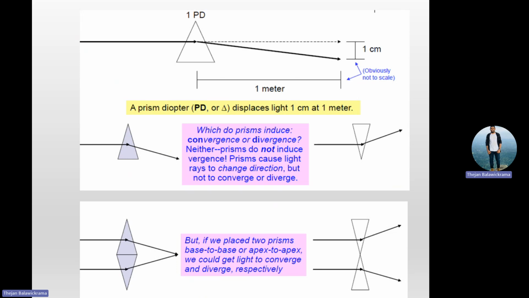I'm not going to ask such a thing, but I will ask one lens. I don't want to confuse you all, so I'll try to be more simple. Prisms cause light rays to change direction.